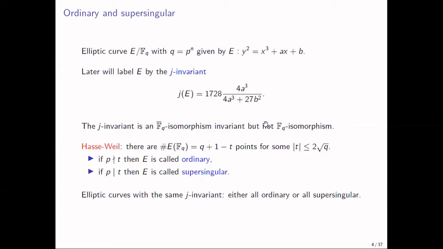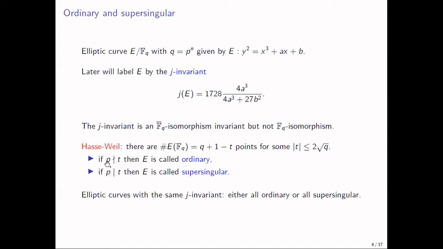One more thing that we need to know about rational points is that by Hasse's theorem, every elliptic curve has about q plus 1 points. Then there's some error term, and this error term is bounded in absolute value by 2 square root of q. So every elliptic curve has about q plus 1 rational points. Now, you might have heard about ordinary and supersingular elliptic curves.